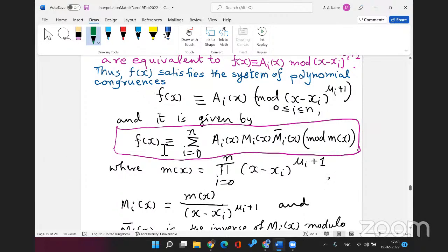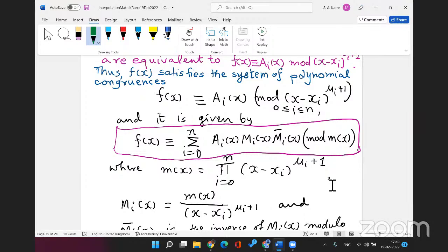This is the answer. Even if the derivatives are different for different points, that means for the first point we can take derivatives up to first order, for the second point you can take derivatives up to fourth order, and so on.